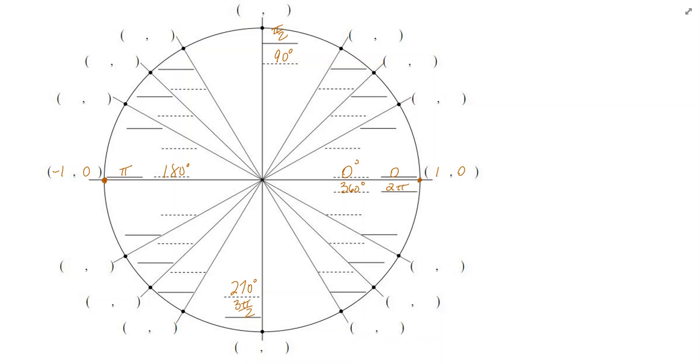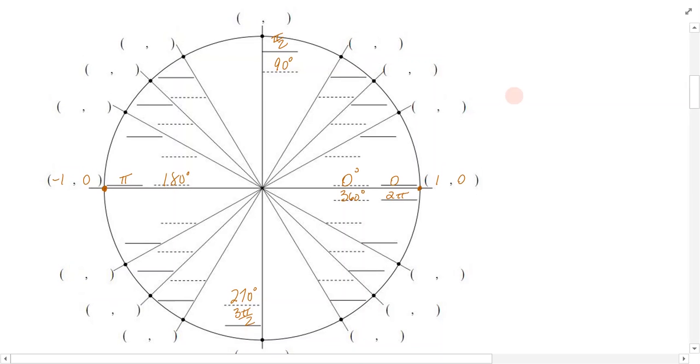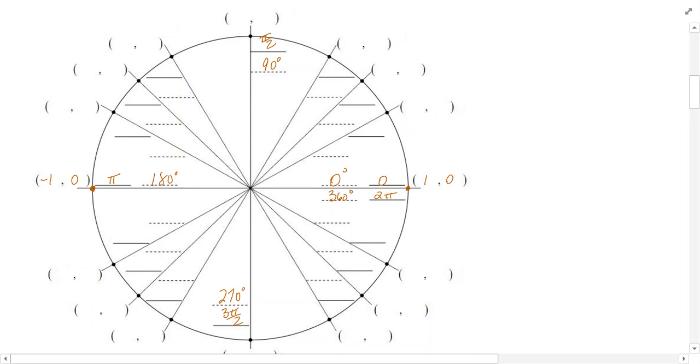Now, we want to make sure that we come back and fill in the ordered pairs represented by these other two quadrantal angle measurements. So here at 90 degrees, remember we have a point on the edge of our circle that has rotated up here to pi over 2. The radius of this circle is 1 unit. So we have 0 for the x coordinate and positive 1 for the y coordinate.